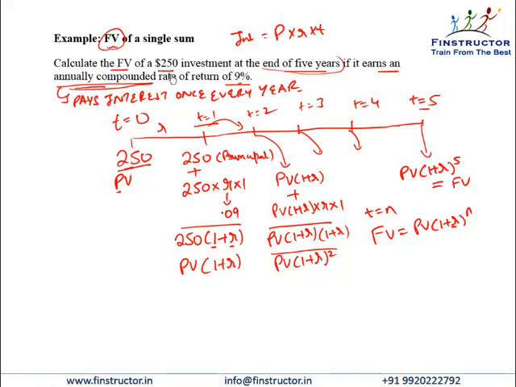So let's substitute the values in our question and try to calculate this answer. So it will be 250 into 1 plus 0.09 to the power 5, that is 250 into 1.09 to the power 5. So we'll use our calculators to solve this question.